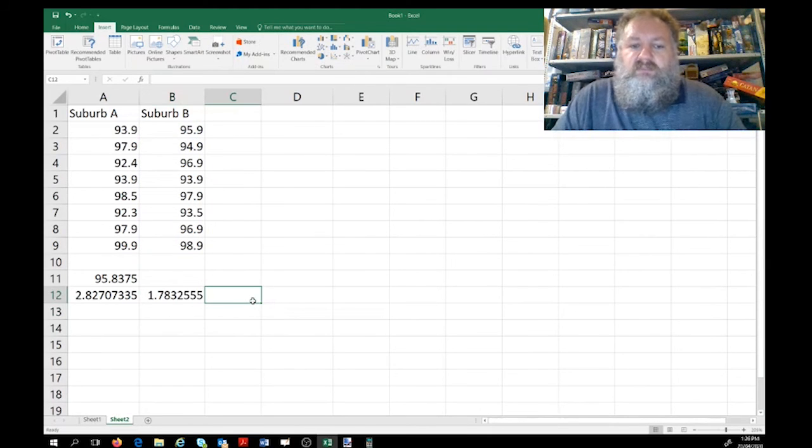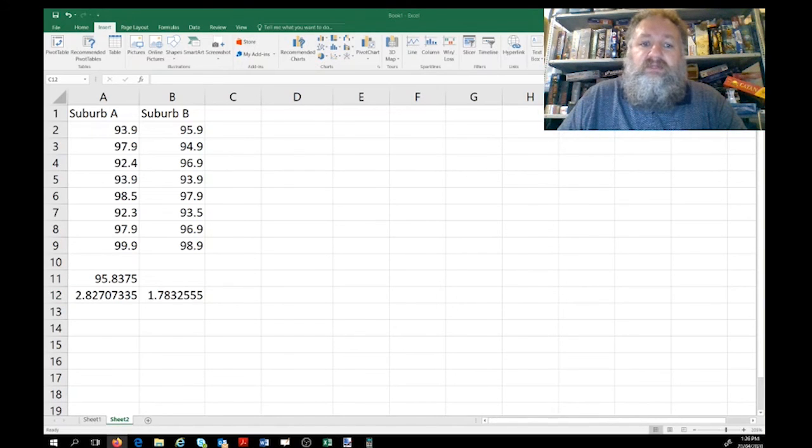Now, the smaller the standard deviation, so the smaller the variance, that means the closer each of those different numbers is to the mean. So we have a standard deviation for the second suburb.